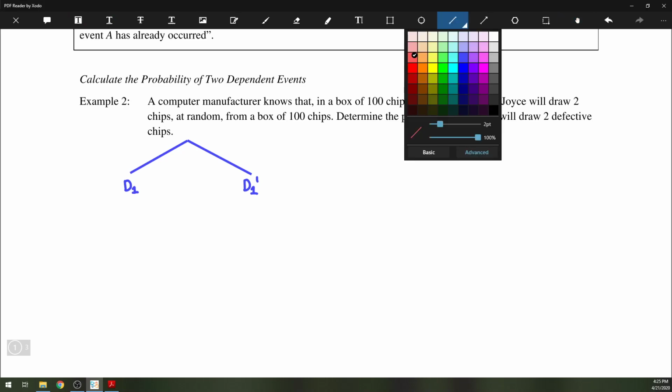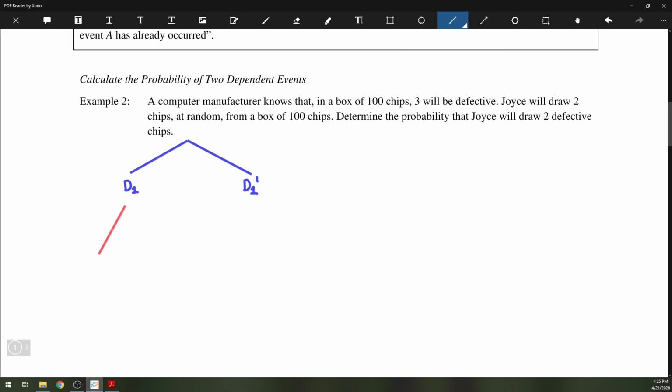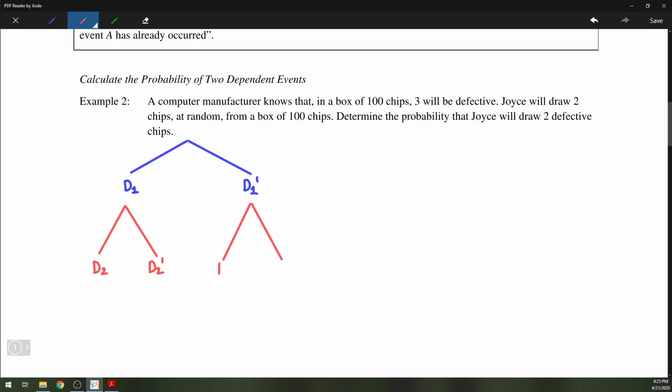And then we move on to the second layer. The second chip could be defective or not defective as well. So that would be defective chip 2, and defective chip 2's complement, so not defective chip. And then likewise on the right-hand side as well.